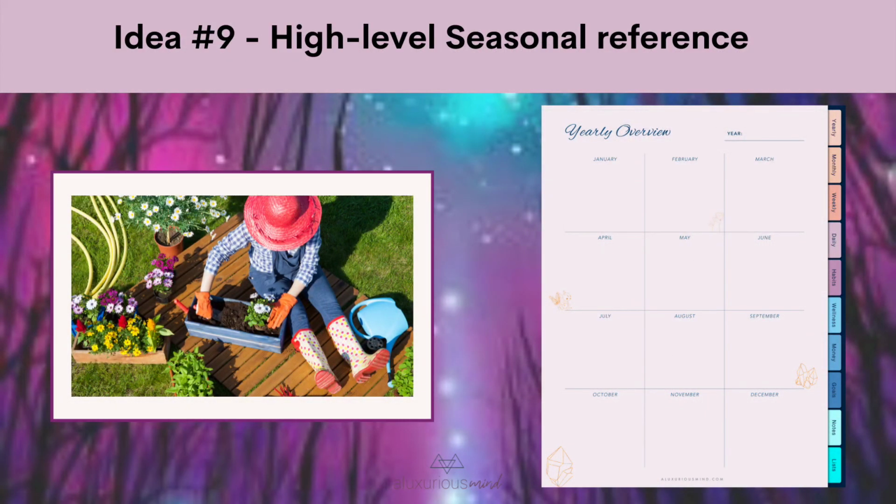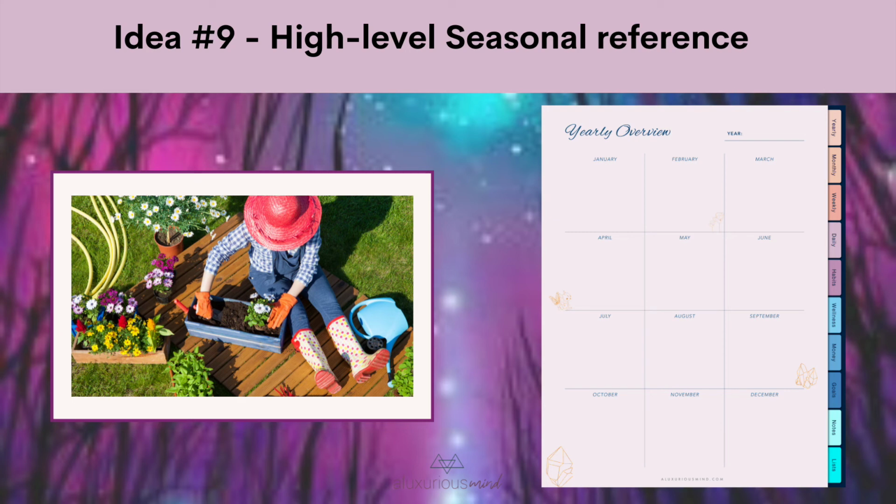My next suggestion is use your yearly layout as a high-level seasonal reference. So if you're a gardener, for example, maybe you want to know when you need to plant certain flowers in your yard, or maybe you're documenting when you planted certain things.